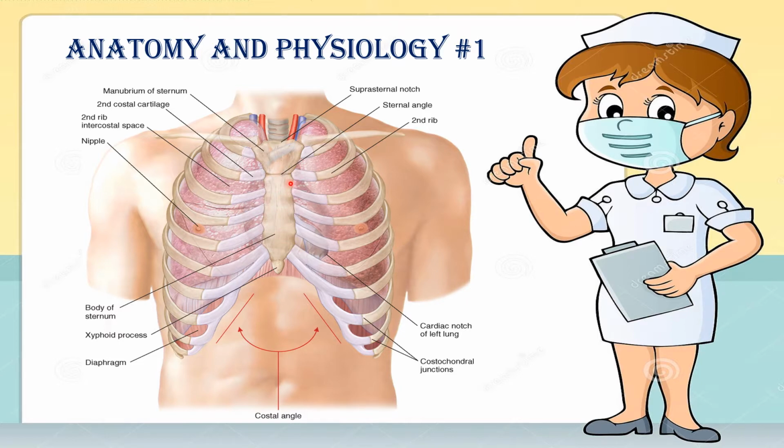And then you can move your finger laterally and find the adjacent second rib. From here, you can use two fingers and then walk down the intercostal spaces, one space at a time, on an oblique line.